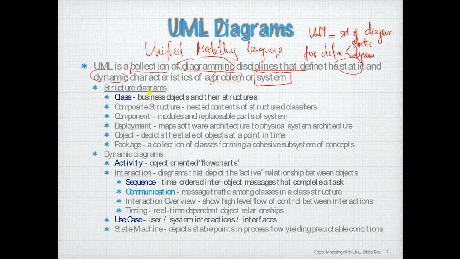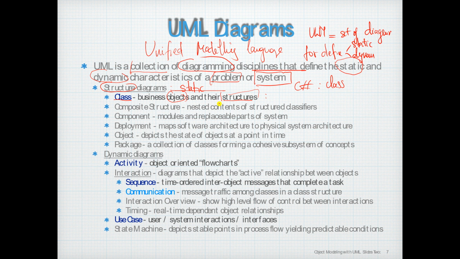For example, structure is the static characteristic. The class diagram shows business objects and their structure. If you learn about object-oriented programming, you know that in C# you have a class. This class is a general object, and has a structure of properties and functions.